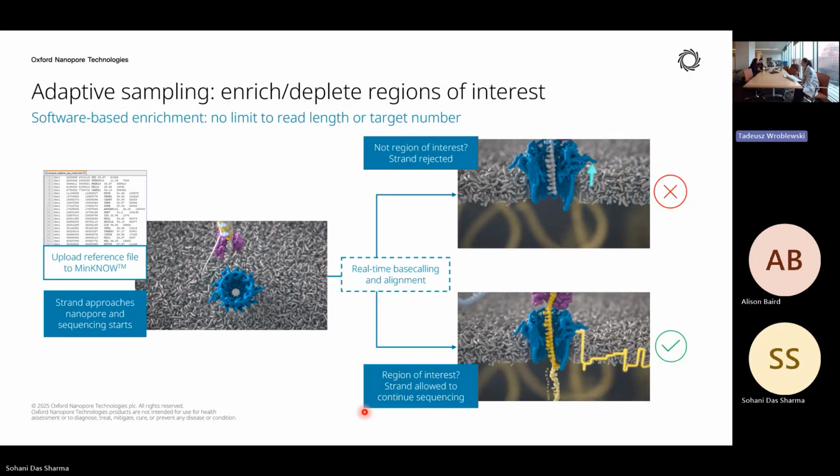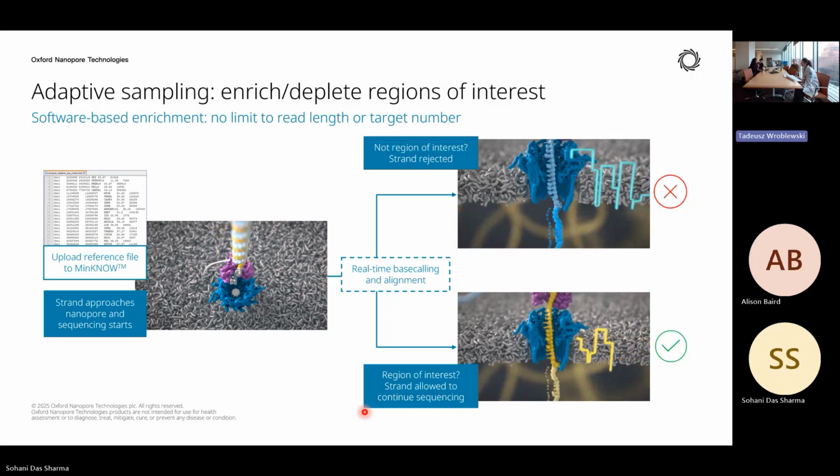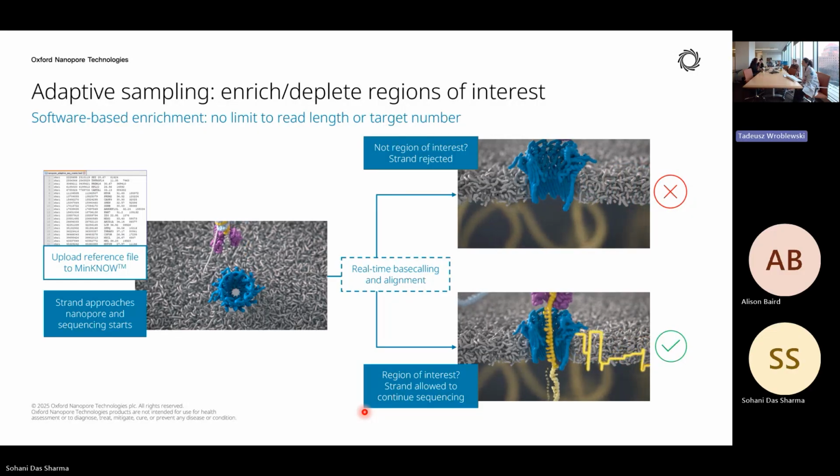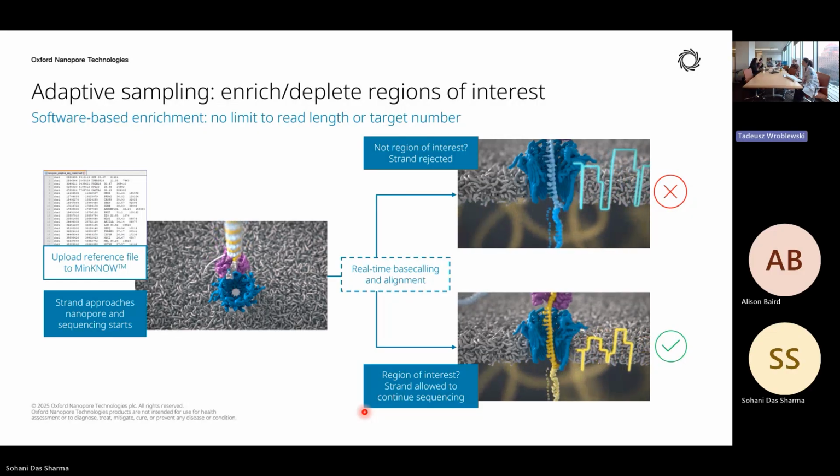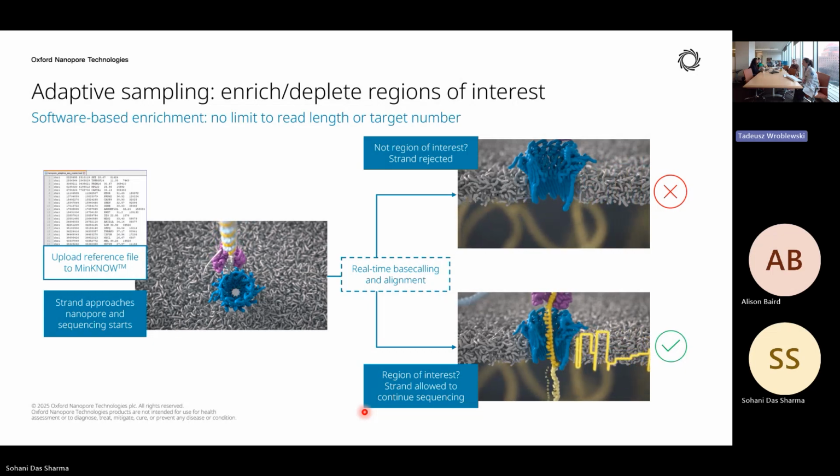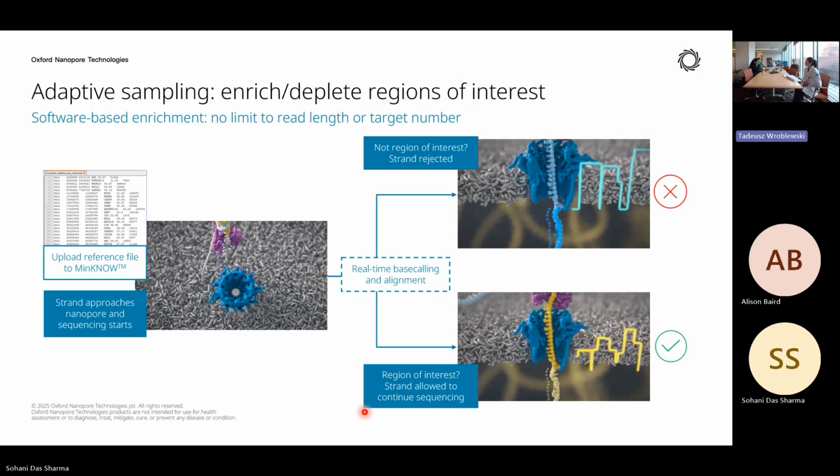In the downstream analysis, we have seen great accuracy for all the variant calling, even with adaptive sampling. What it means is that the entire platform is working quite perfectly. If in future you are interested in utilizing adaptive sampling, let us know.